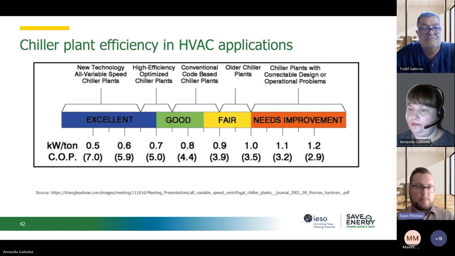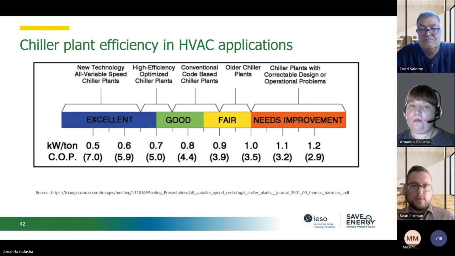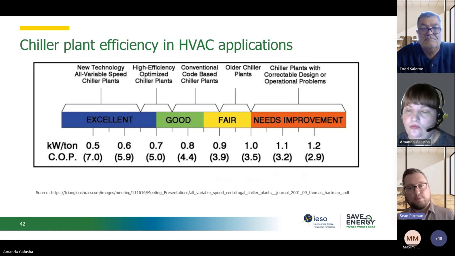We see that for all variable speed chiller plants or high efficiency optimized chiller plants. Whereas if you're performing at greater than 1 kilowatt per ton, or 3.5 COP, then we would say you are in the needs improvement category, with opportunity for improvement within your system. There are probably correctable design or operational problems within that system, and there would be a pretty good opportunity for significant savings.